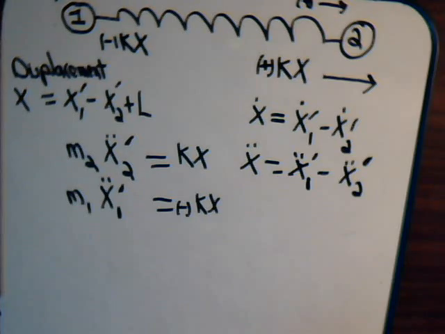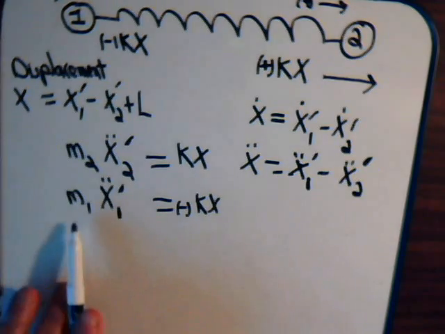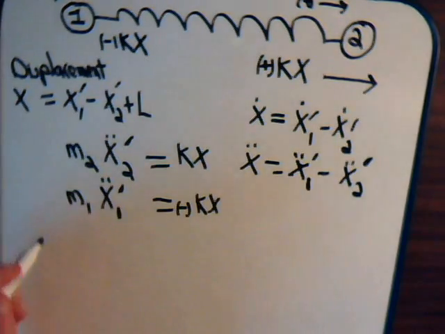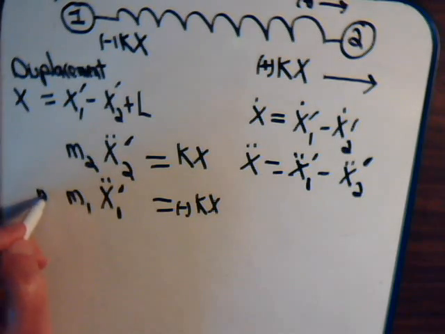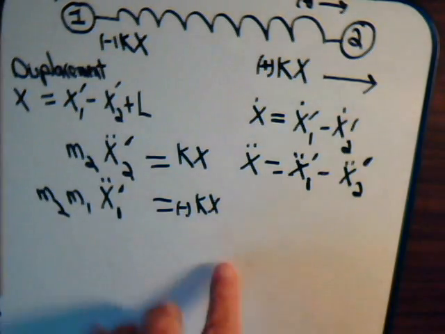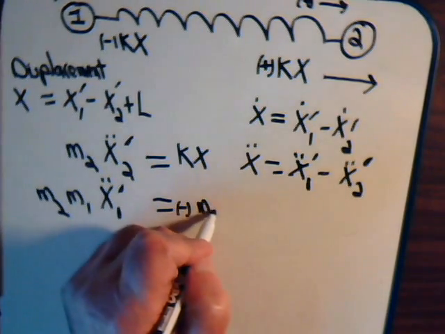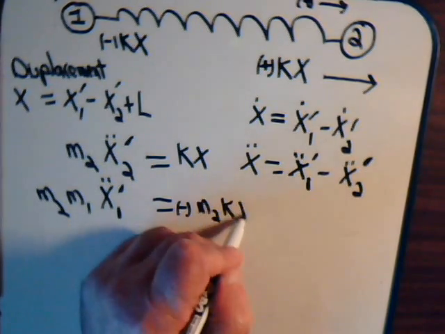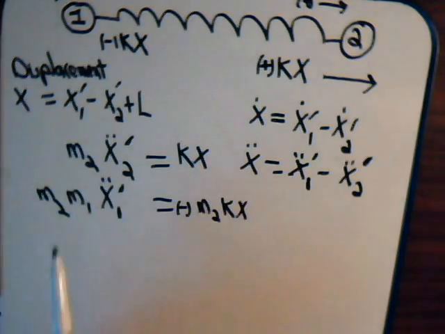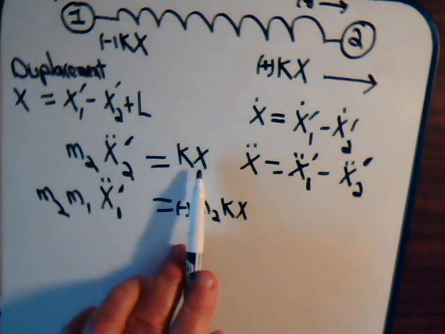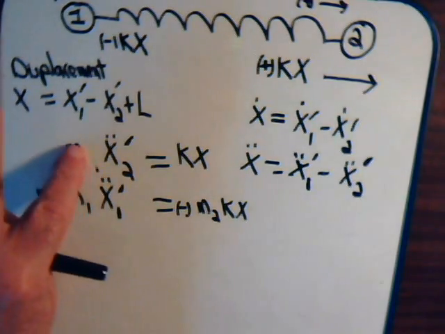What say then that we multiply both sides of this equation by m2, and over here m2. And multiply both sides of this equation by m1.